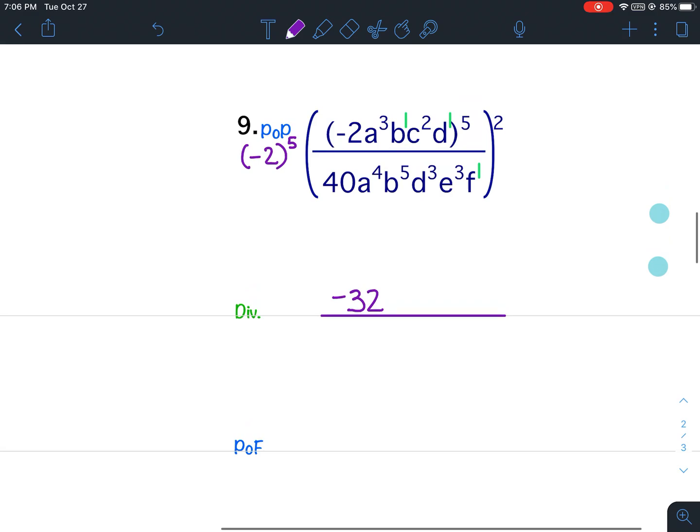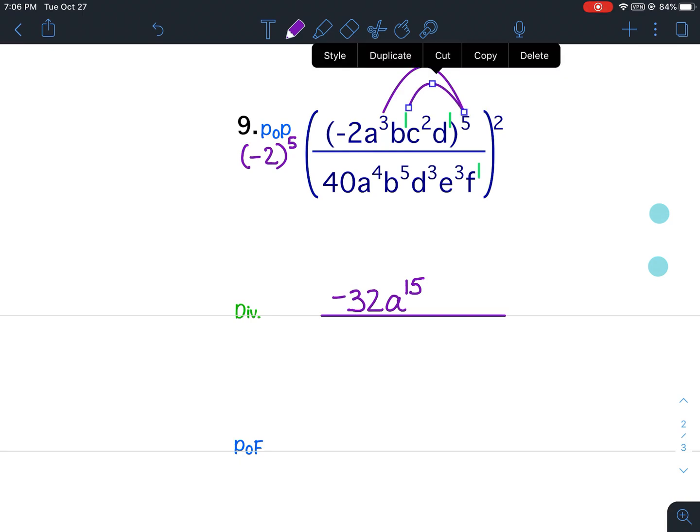And now I'm going to multiply my exponents. So for the A, I've got 3 times 5, which would be A to the 15th. For the B, I'm going to take 1 times 5, get B to the 5th.